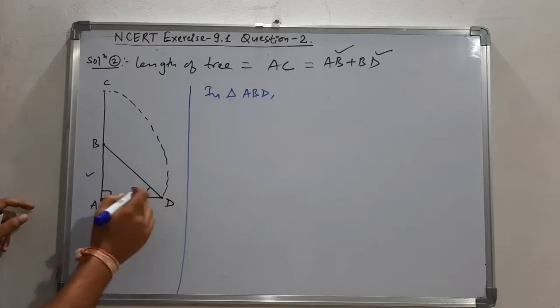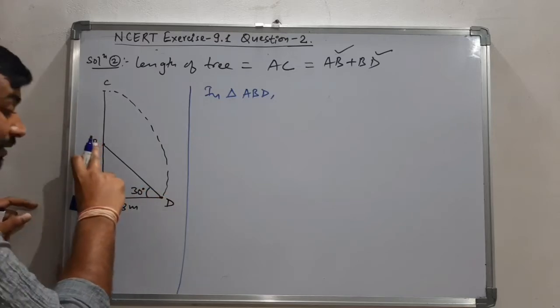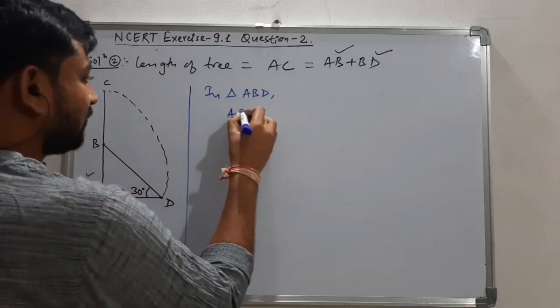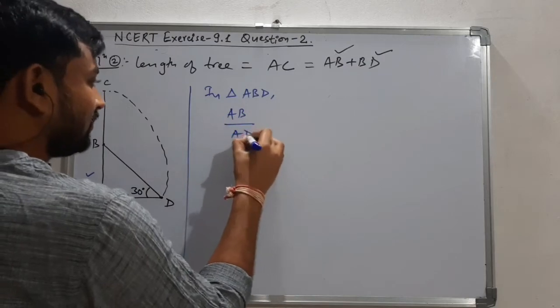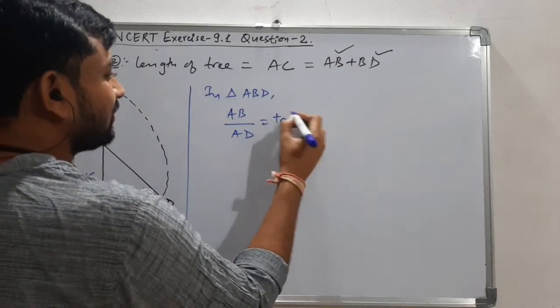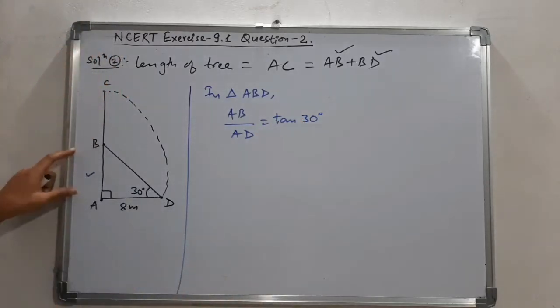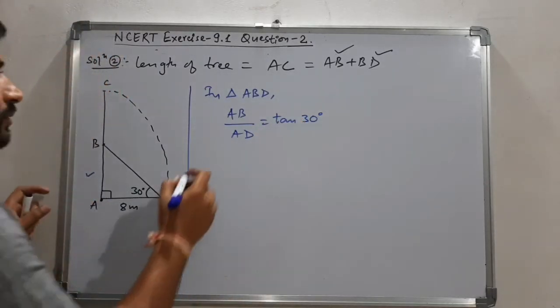For this angle D of 30 degrees, AB is the perpendicular and AD is the base. Perpendicular upon base is nothing but tan theta. So tan 30 degrees equals AB upon AD.